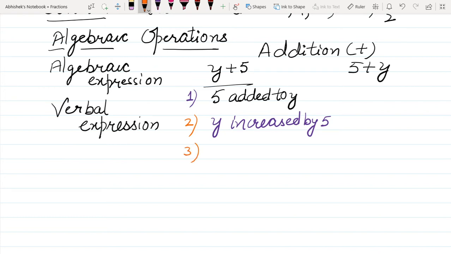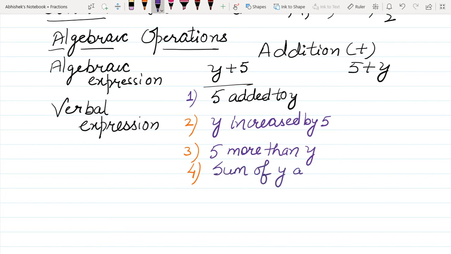Third, 5 more than y. Fourth, sum of y and 5. And another way is y plus 5.